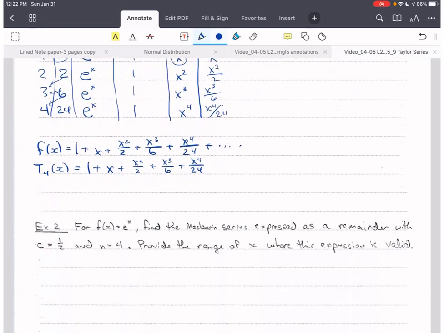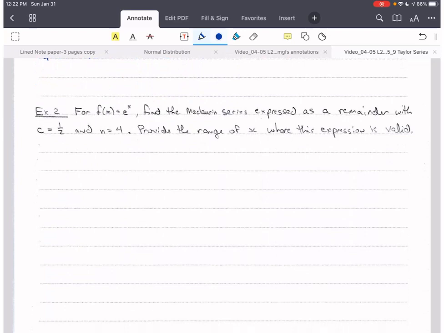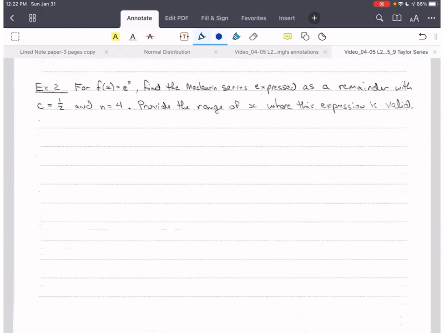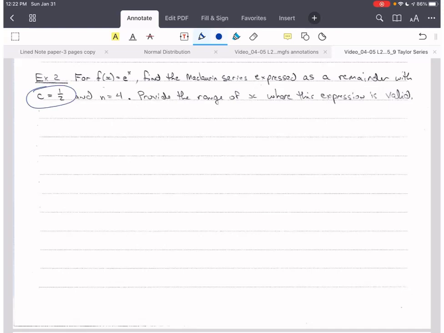Okay? Now let's do another example. For this f of x equals e to the x, we want to find the Maclaurin series expressed as a remainder with c equal to 1/2 and n equals 4. Why did I do this? Because we've already done most of what we need for n equals 4.